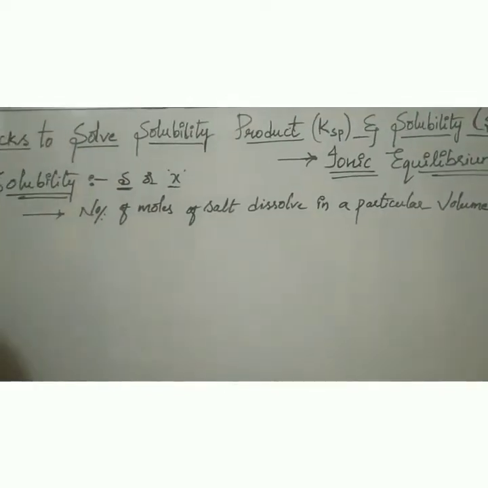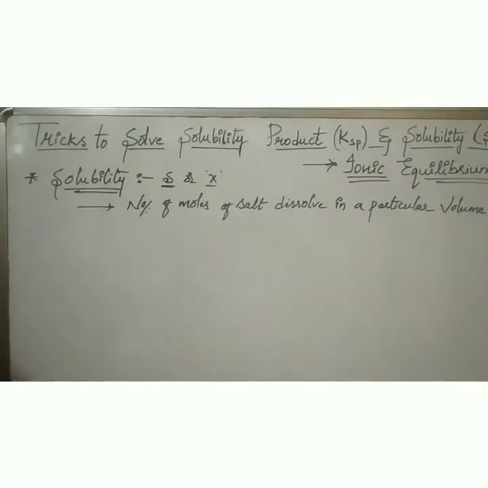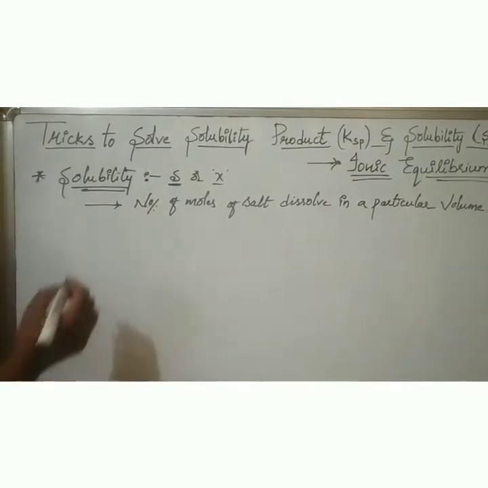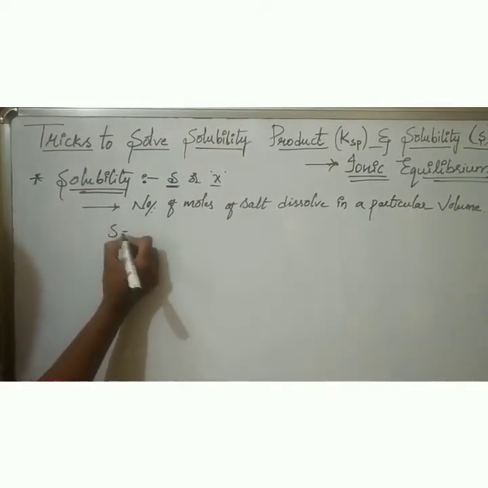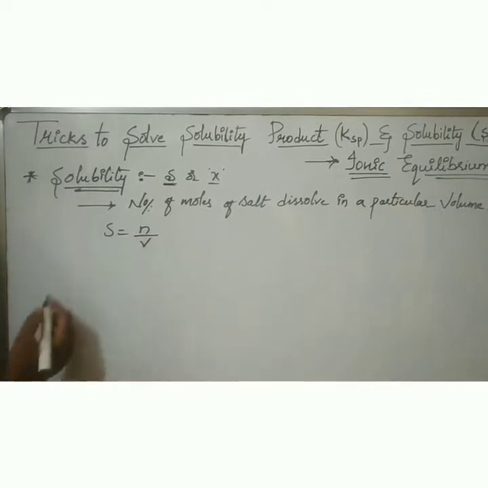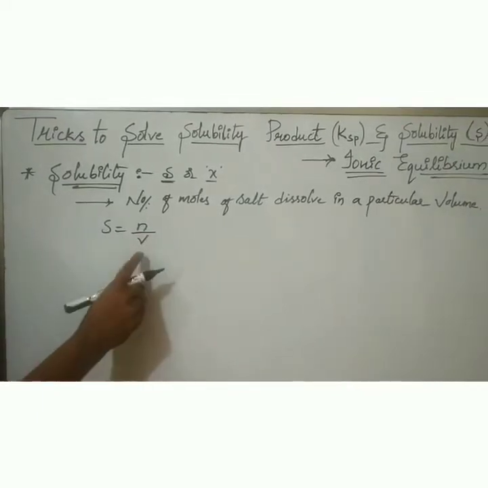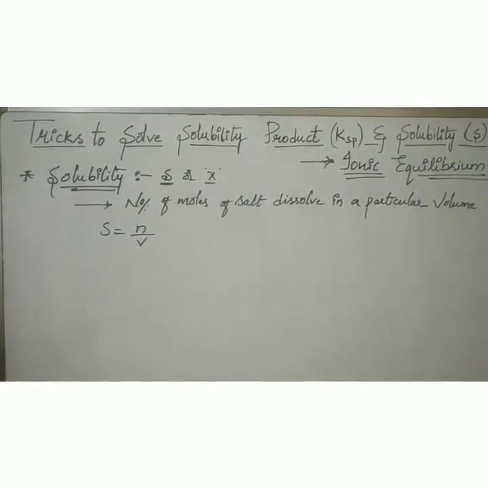What is solubility? Number of moles of salt dissolved in a particular volume. Suppose S is equal to n by V, that is, number of moles of salt dissolved in a particular volume.